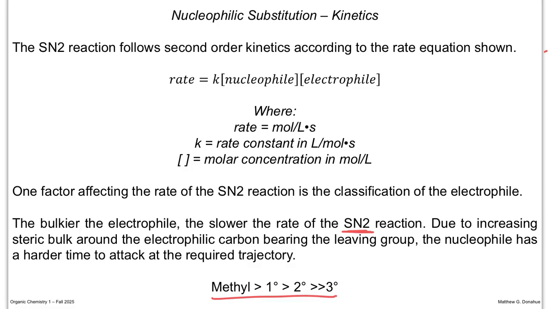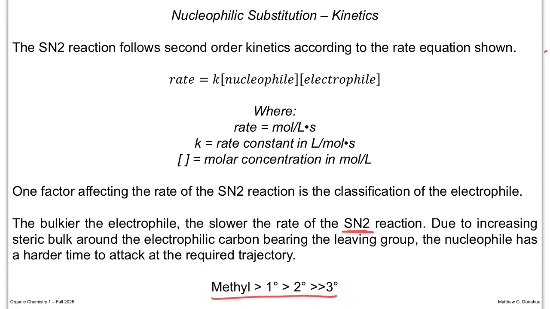The third one, so different groups now. This carbon now has 1, 2, 3 methyl groups, so this would be a tertiary carbon. And according to the trend, these are not reactive.